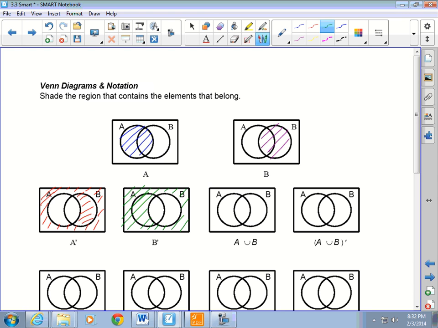A union B. Remember that the union of A and B means that you're bringing everything together. Union means or.